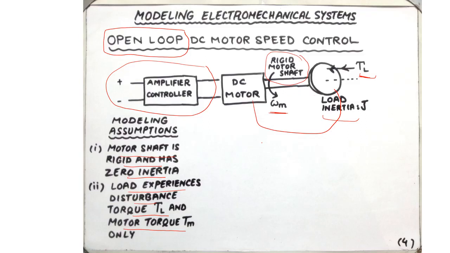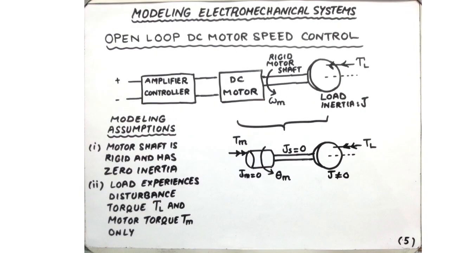Let me show it with the help of this arrow. This double arrow will be the direction of the motor torque. Essentially, the motor torque is generated over here inside the rotor, but because the rotor inertia is negligible, that torque is transferred to the load, considering the fact that the motor, rotor, and the load are coupled mechanically.